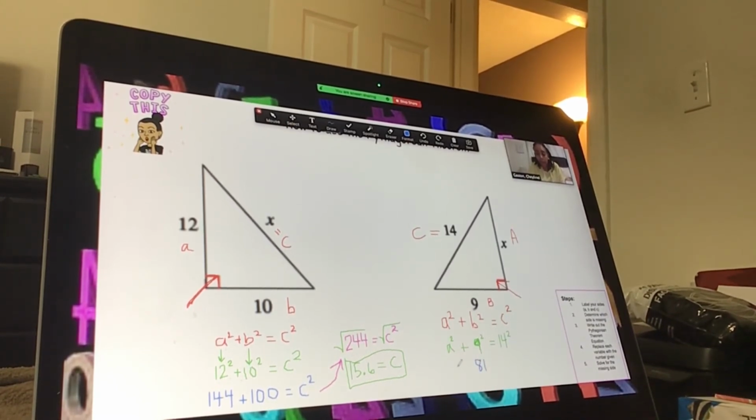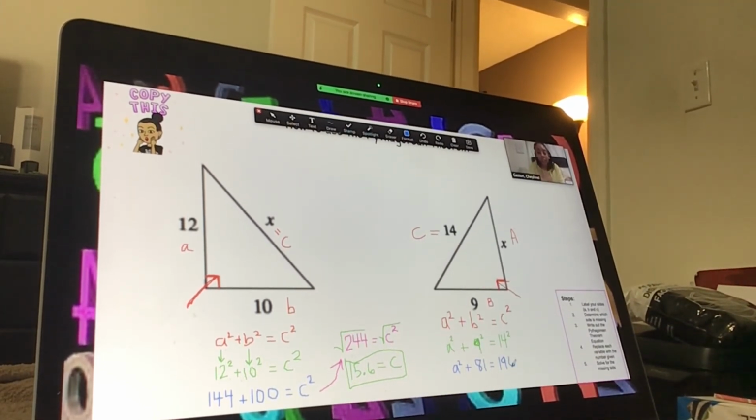So now I have A squared plus 81 equals, and I got to do 14 squared. 14 times 14 is 196. Okay, so I have 196.